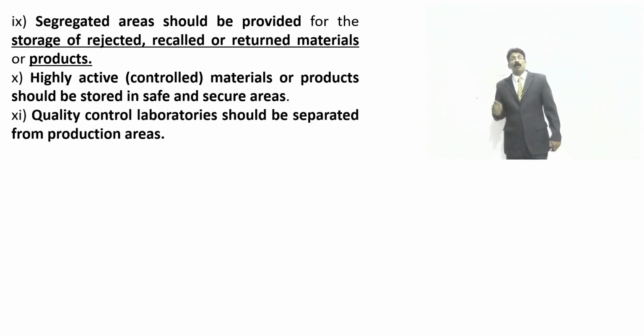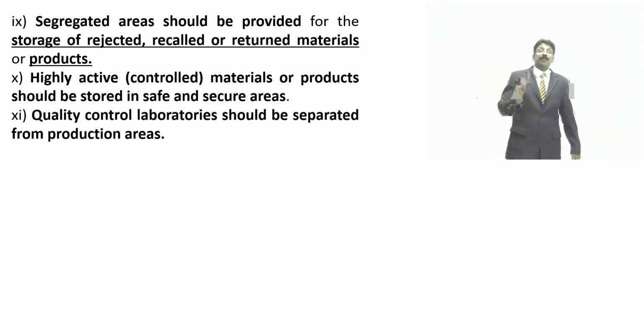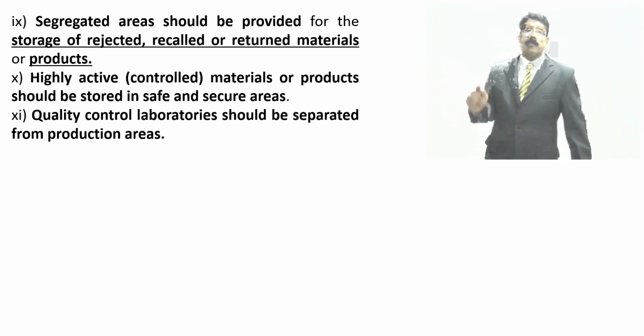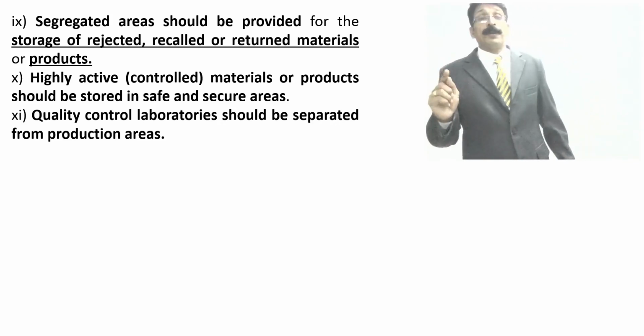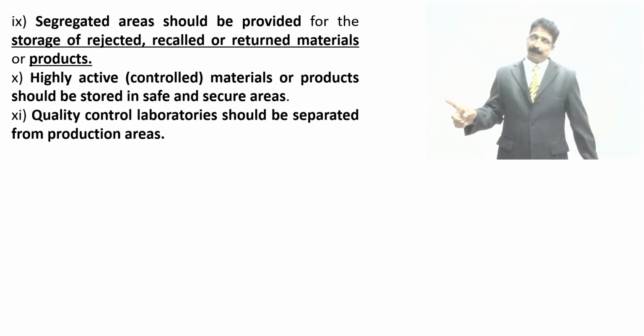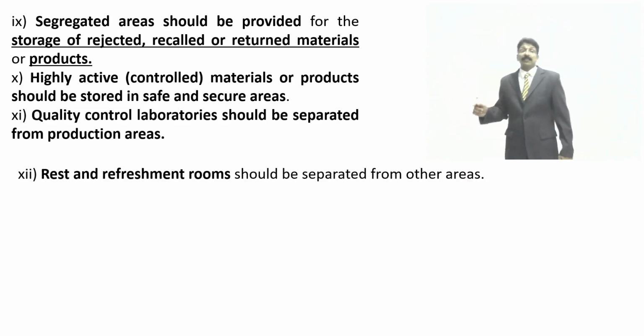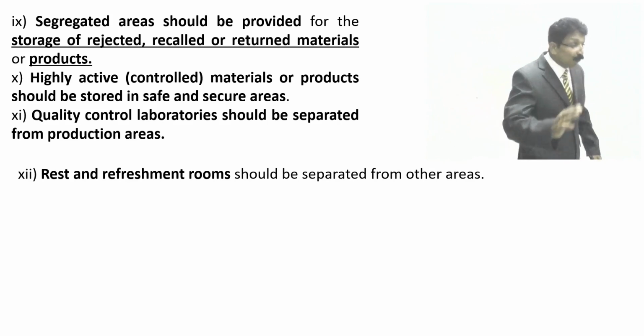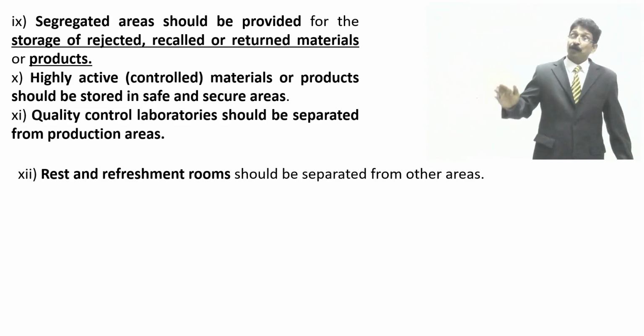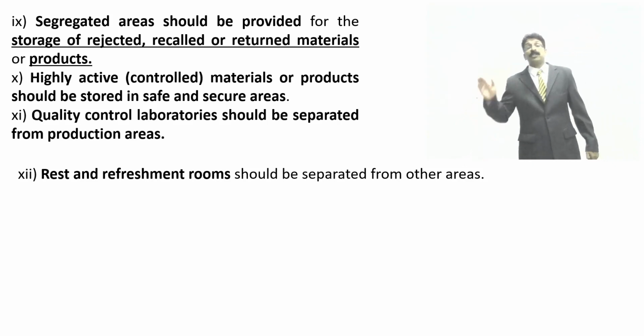The quality control laboratory should be separated from the production area. It should not be inside the production area. And a rest and refreshment room should be provided for personnel, in a separate area.